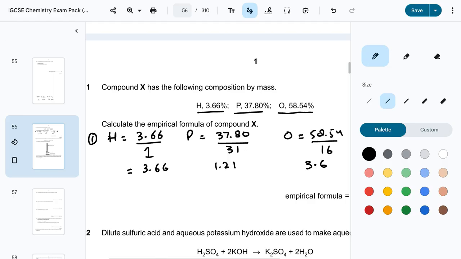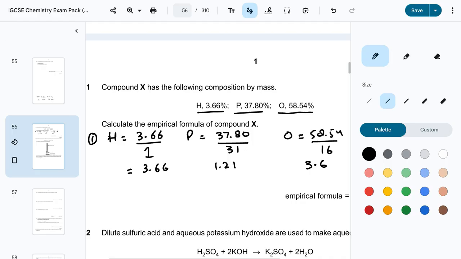Now after this step you have to find the least mole ratio. Just look at these 3 values and find the smallest one. Here the smallest value is 1.21 for phosphorus.